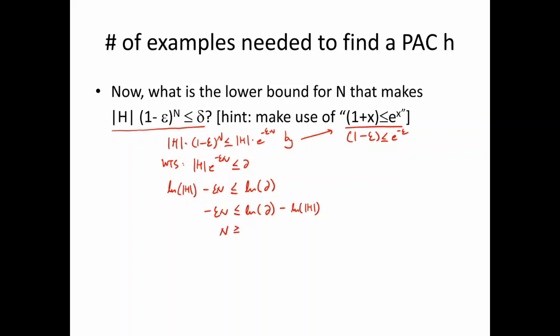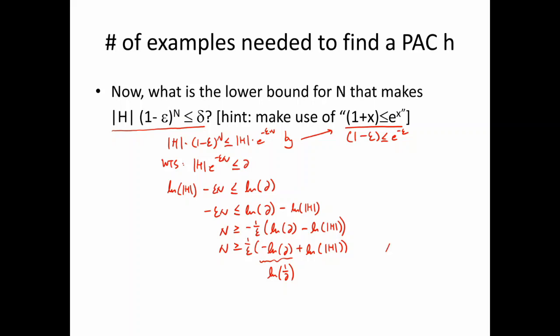And don't forget to flip over the inequality. And we distribute the negative sign, where this term is the same as natural log of 1 over delta.